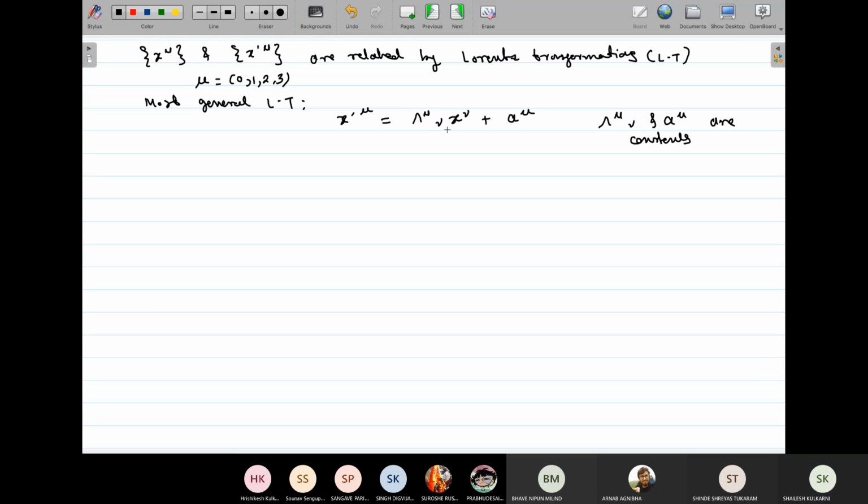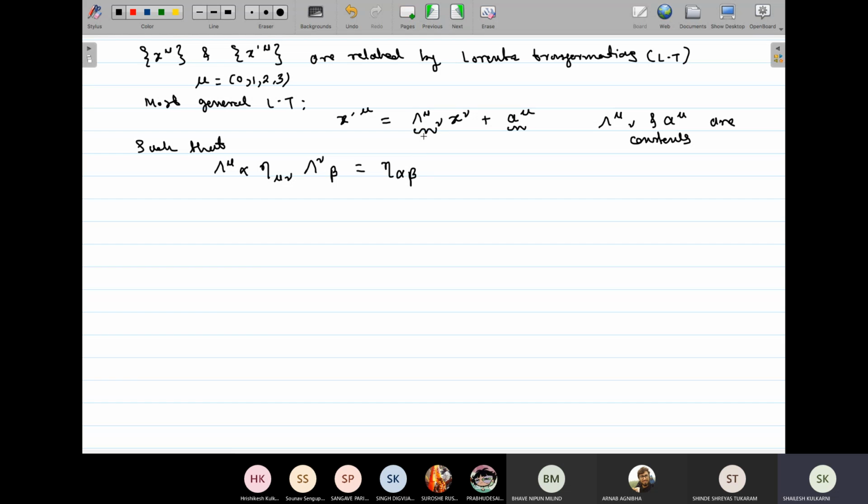Clear? There is no restriction over the a numbers, but there is a restriction over the lambdas. We will see how. Such that lambda mu alpha, eta mu nu, lambda nu beta is equal to eta alpha beta, where eta is the metric.